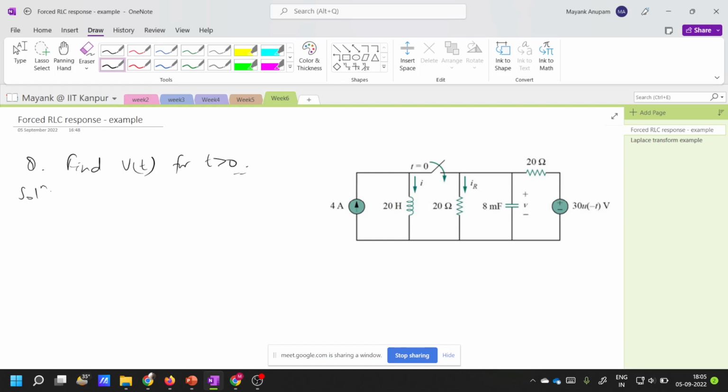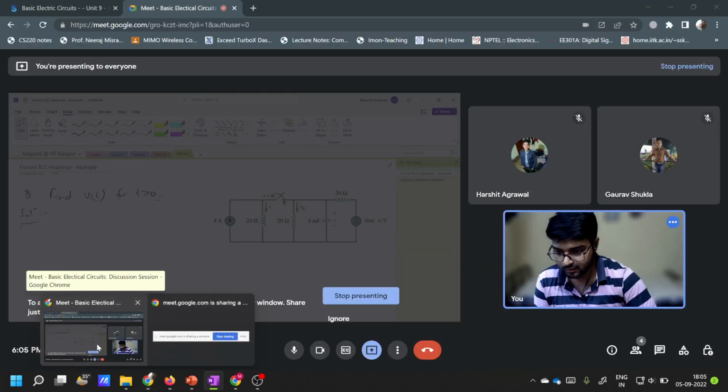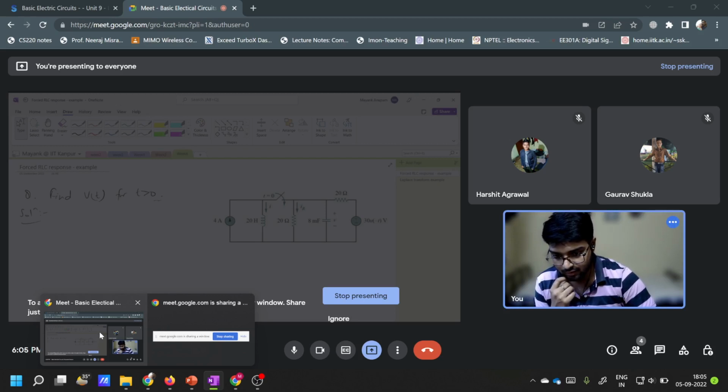So can you suggest, the people who are present right now, what should I do? How should I proceed? Can you give me a pointer? I am audible, right? So can you please tell me how I should proceed with this example? What should I do to find out the v of t for t greater than 0?